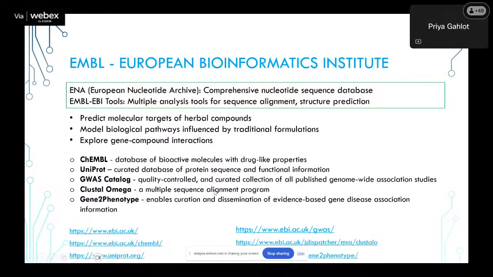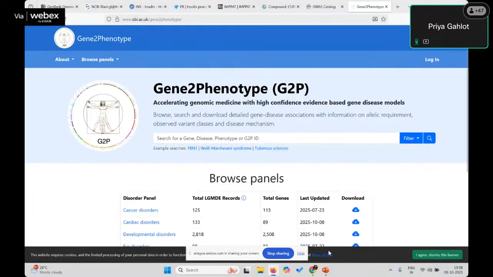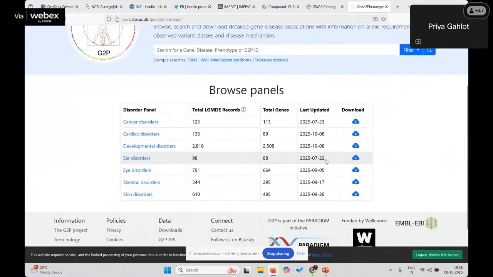There is Clustal Omega. It is a multiple sequence alignment program. In BLAST, you are aligning two particular sequences. Using Clustal Omega, you can put many sequences together and then do the sequence alignment. Using Gene2Phenotype, you can do curation and dissemination of gene-disease associations.